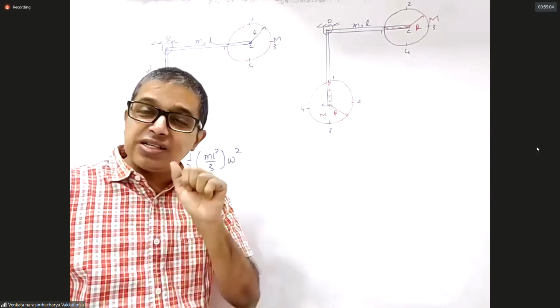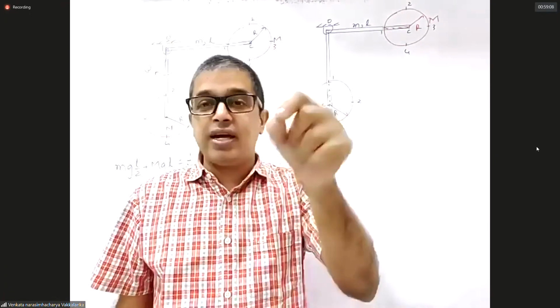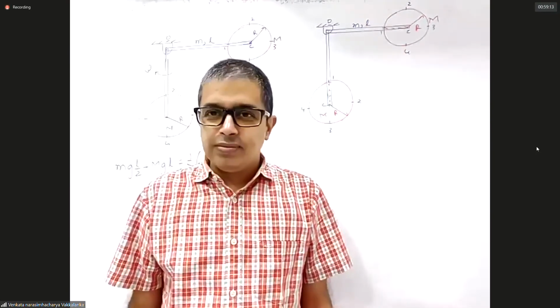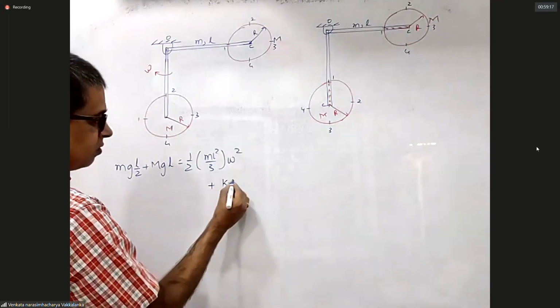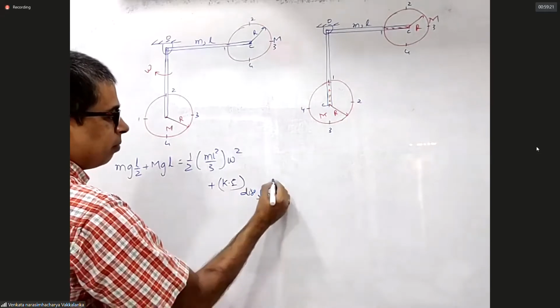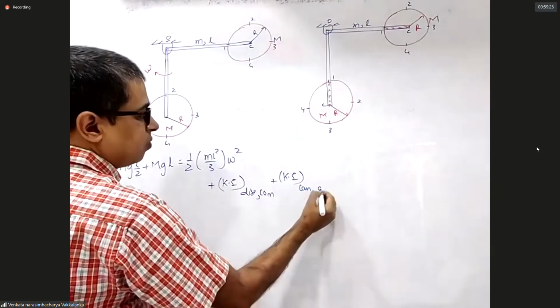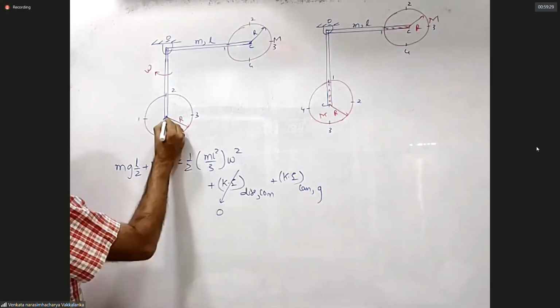Kinetic energy of the disk, how should I calculate? Kinetic energy of the disk about its center of mass plus kinetic energy of center of mass with respect to ground. Now, what is the kinetic energy of the disk about its center of mass? It is 0.